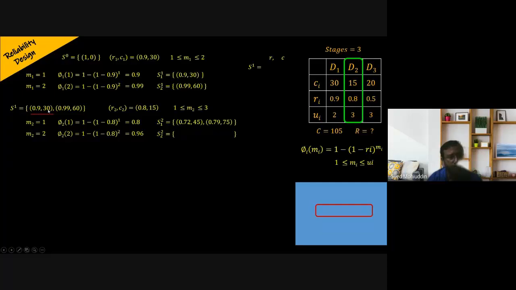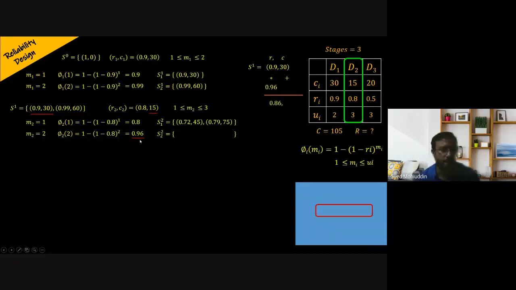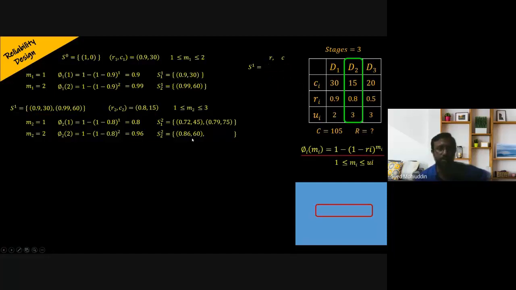We use the first value of S1, multiply its reliability, and we have the result as 0.86, and add its cost. 30 is the cost from the first stage, and in the second stage D2's cost is 15. So 15 multiplied by 2, because we are considering 2 devices in the system, gives 30, plus 30 is 60. We get the first element of set S22.